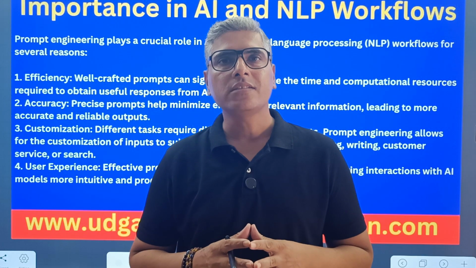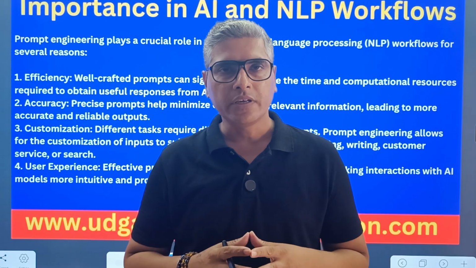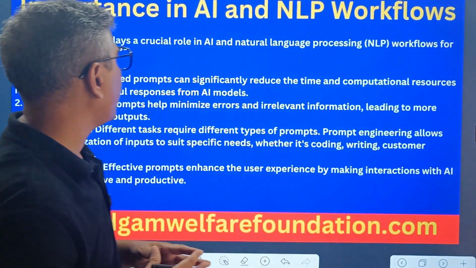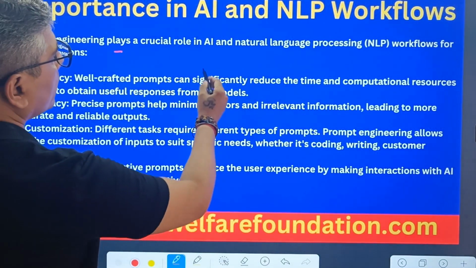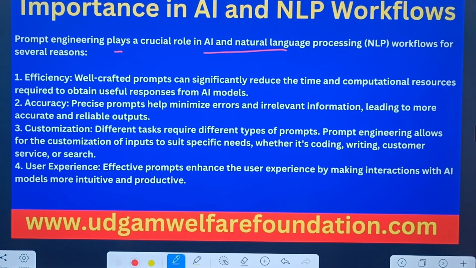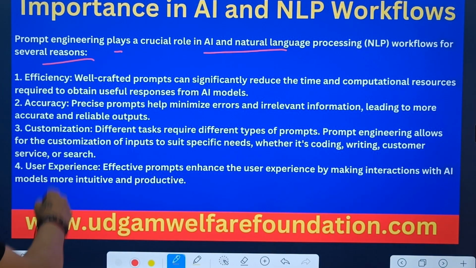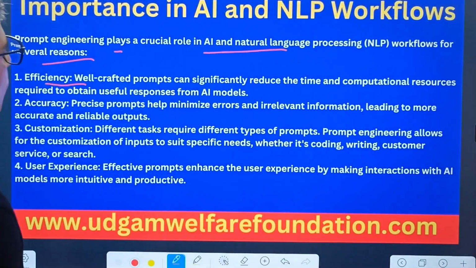Now let's understand the importance of prompt engineering in AI and NLP workflows. Here we have prompt engineering plays a crucial role in AI and NLP, that means natural language processing workflows, for several reasons. Number one is the efficiency.